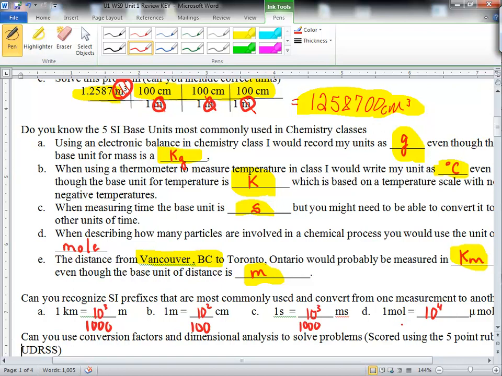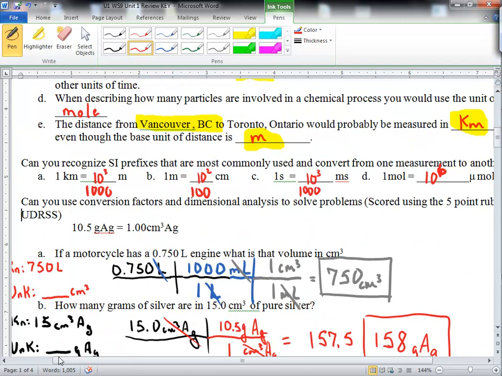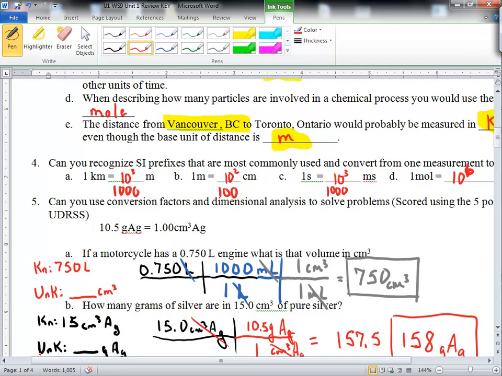And a mole is, oh, I think this is the wrong number right here. I think that needs to be 10 to the 6 micrometers. 1 million micrometers.